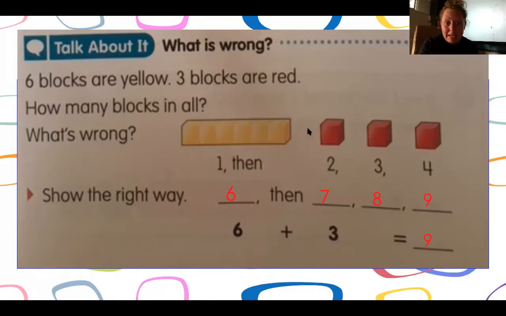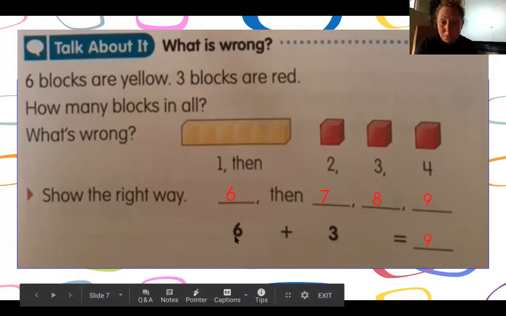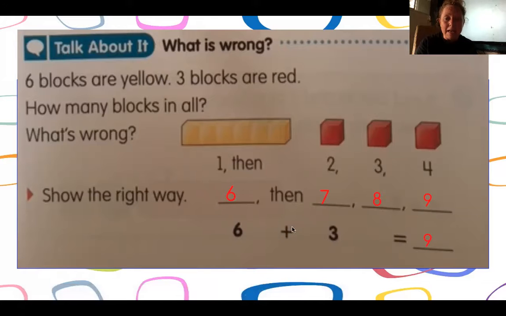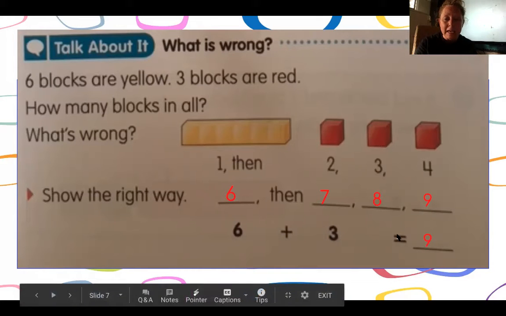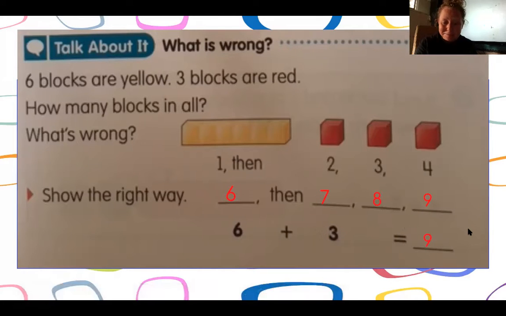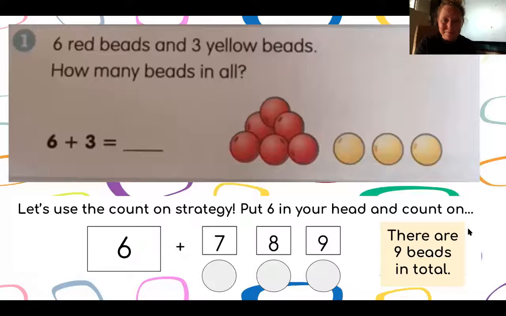Instead of counting this big group of yellow blocks as 1, it should have been counted as 6. So the right way would be 6, then 7, 8, and 9. So the equation should read 6 plus 3 equals 9. Can you read the equation with me? Ready? 6 plus 3 equals 9. Nice job.